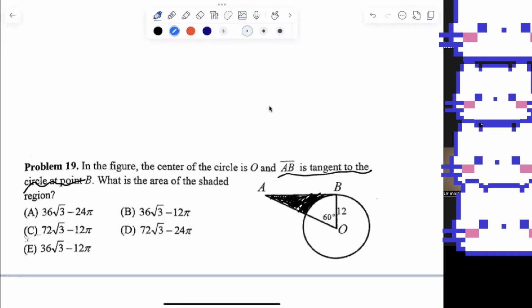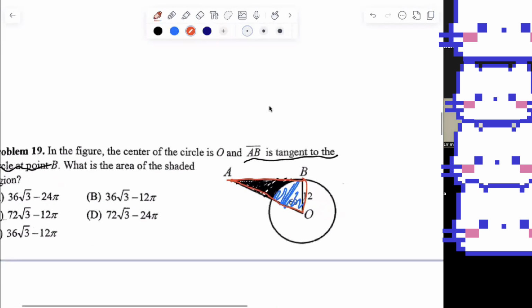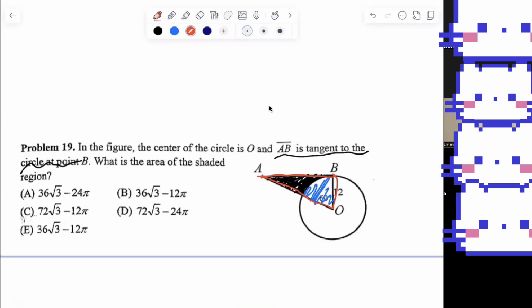Basically, we just need to find the area of this sector and the area of this triangle. We covered this in the first lesson, where we talked about the 30, 60, 90 triangle.